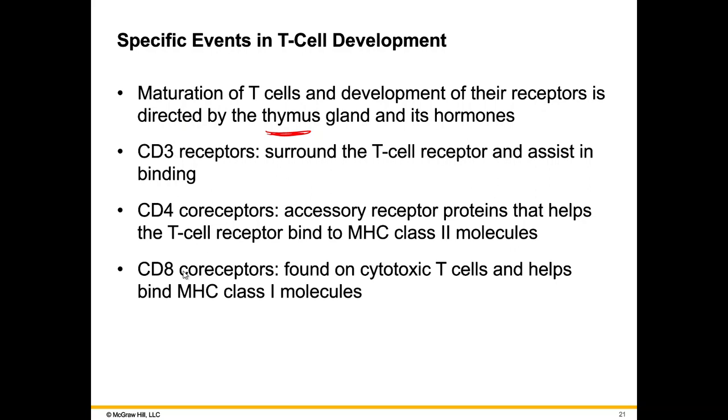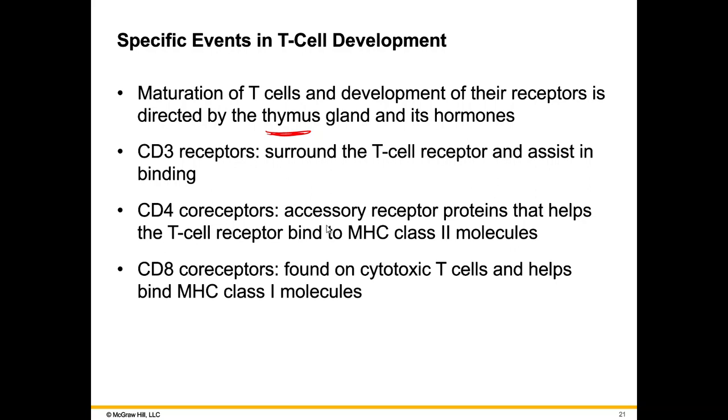They're going to contain a few of those CD markers that we mentioned prior. Same ones. Remember, there's over 400, but I only want you to know these three: the CD3, 4, and 8. These CD3 receptors surround the T cell receptors and assist in binding. They're basically like co-receptors, just little assistants.